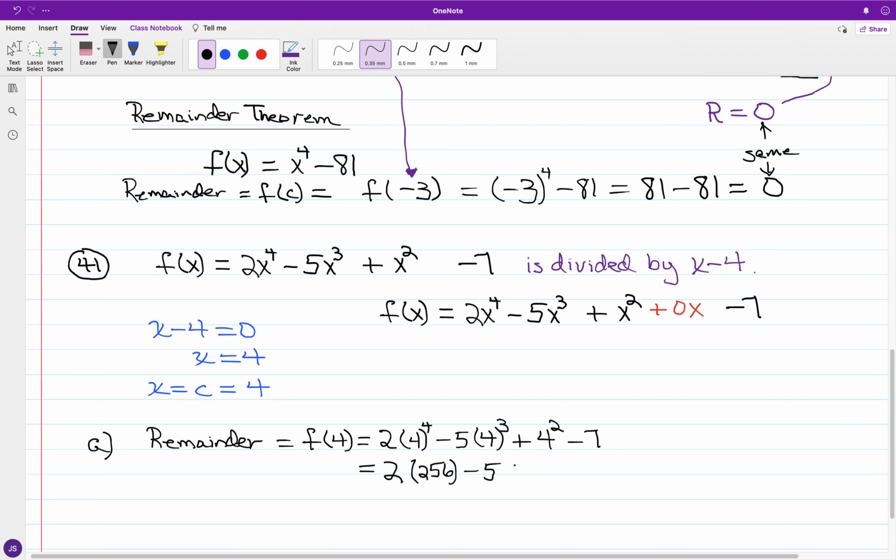We have minus 5. Now 4 cubed is 64. 4 squared is 16. And we have minus 7.